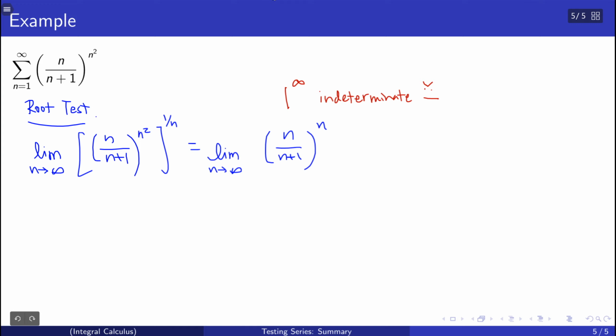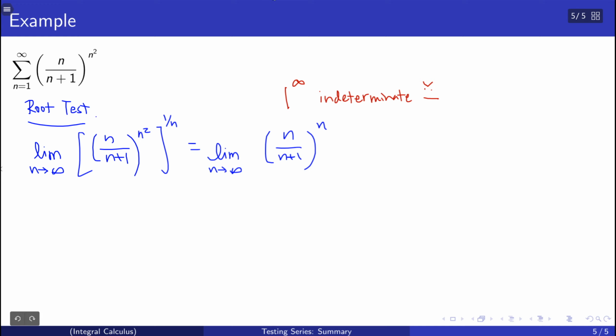It's 1 to the infinity. And how do you deal with a limit like this? It's not infinity over infinity or 0 over 0, right? It's 1 raised to infinity. So there are a number of ways you can approach this. In fact, if you rewrite the term inside, maybe you'll recognize a special limit in there.